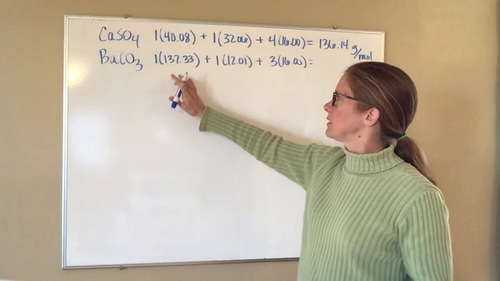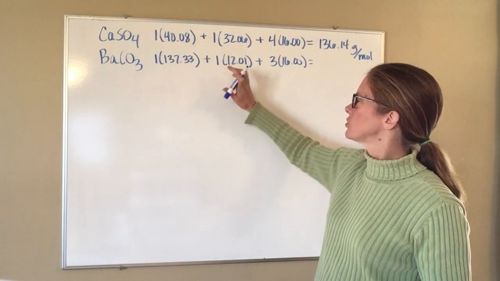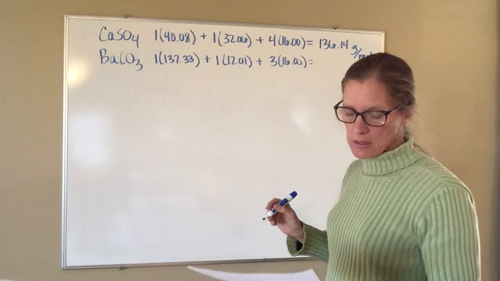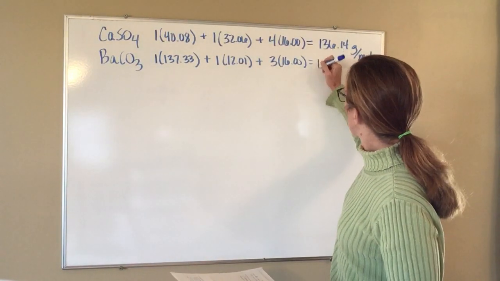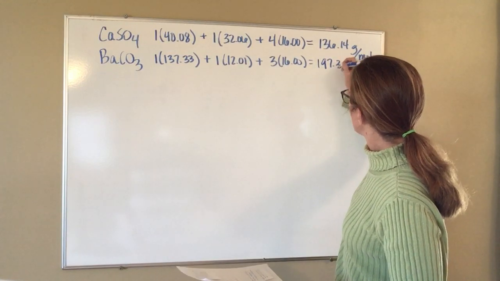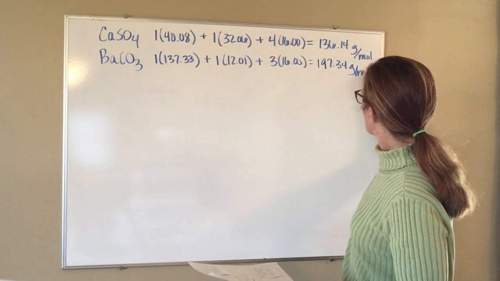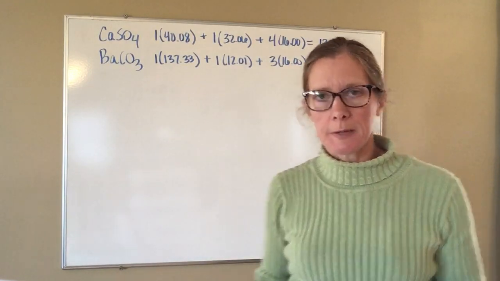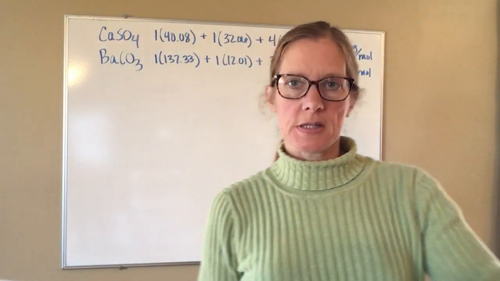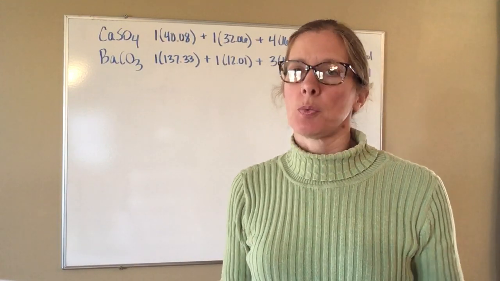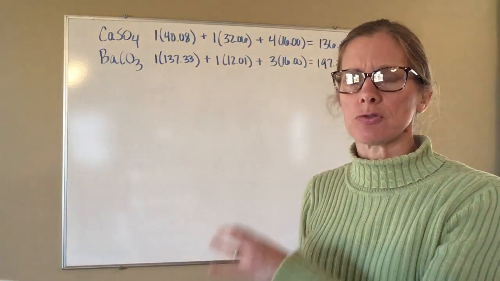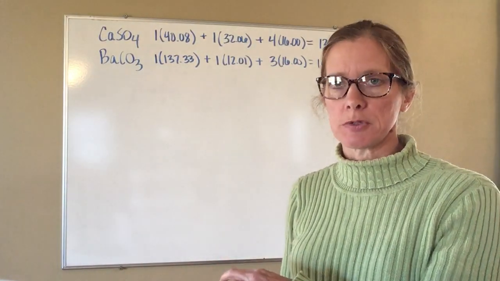And so if you type in 137.33 plus 12.01 plus 3 times 16, then you will end up with 197.34 grams per mole, which is called the molar mass of barium carbonate. Okay, so like I already said once before, you don't have to write that out every single time. I wrote it out the first couple times so you could see for sure exactly what I was doing.